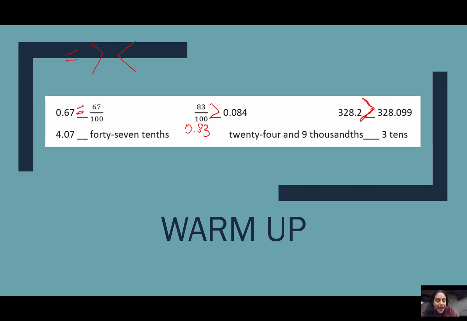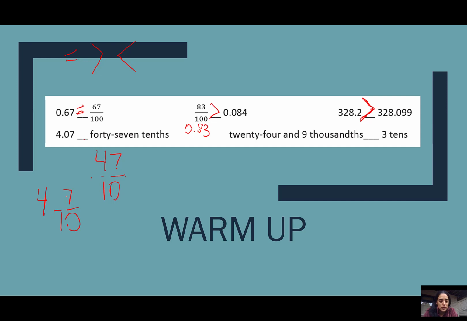This one, 4 and 7 hundredths or 47 tenths. So I'm going to write 47 tenths for a second as a fraction, which I did there. And if I did that, I can change that to a mixed number, which would be 4 wholes and 7/10.